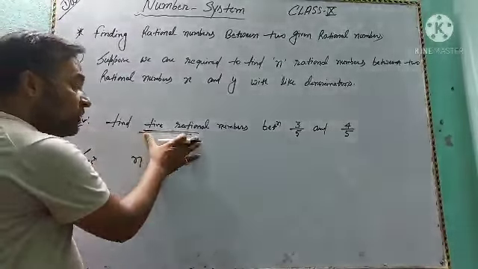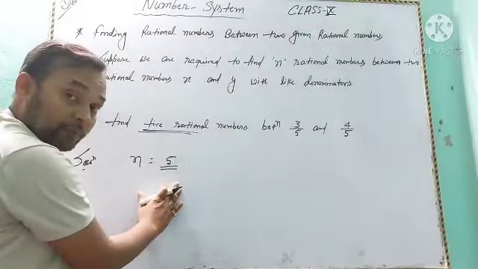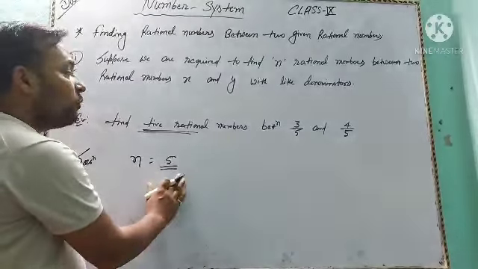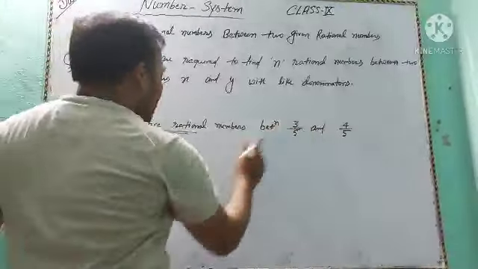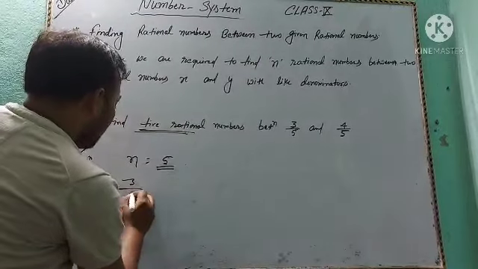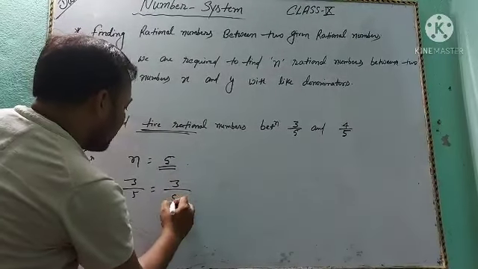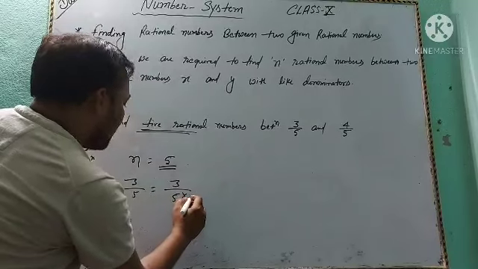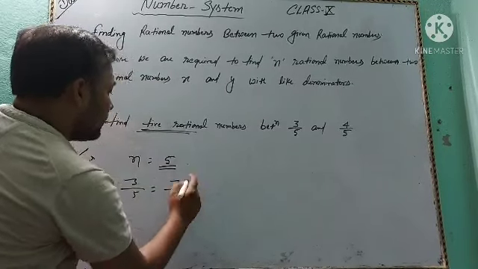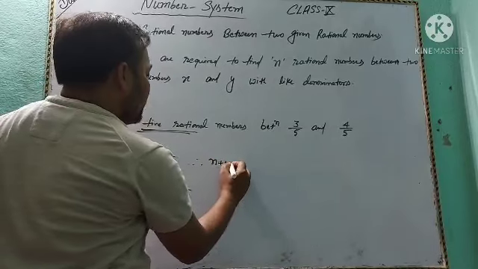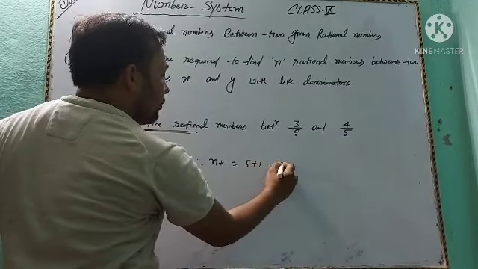If we find 11 rational numbers, it means n is equal to 11. So here n is equal to 5. First of all, 3 by 5: convert to the equivalent rational number by multiplying by n plus 1, which is 5 plus 1 equal to 6.